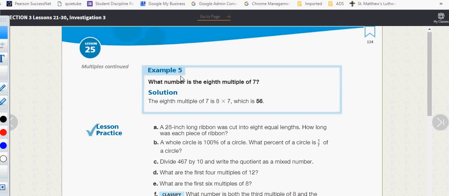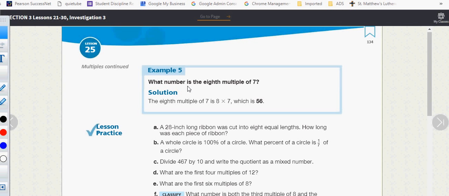So just count by 7s. 7, 14, 21. Those are the first 3. 28, 35, 42. Those are the next 3. So I'm at 6. What are the last 2? What's the 8th? 48. No, 49 is 7 times 7. So count all the way up to 56 was my 8th one, counting by 7s.